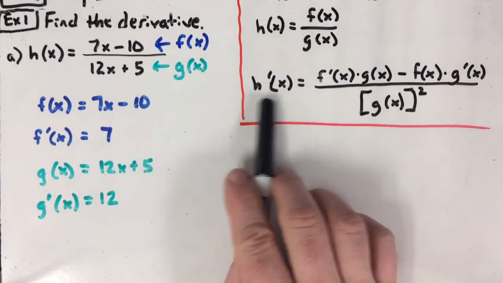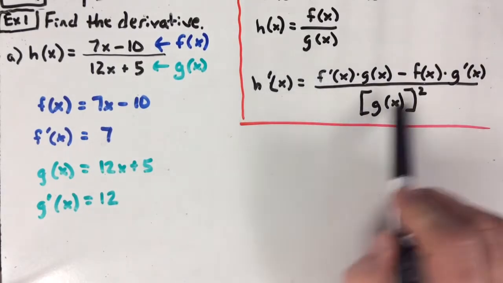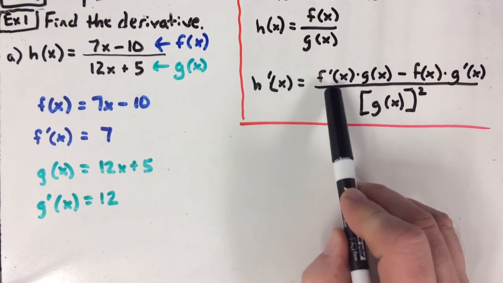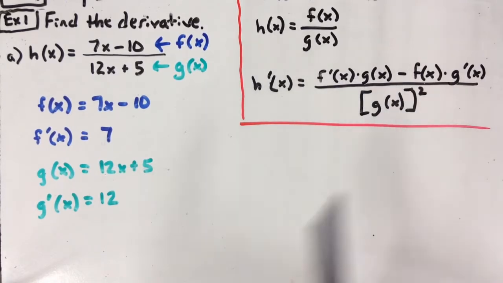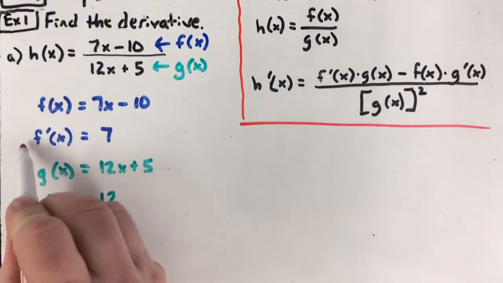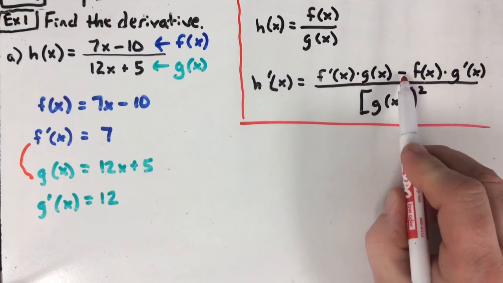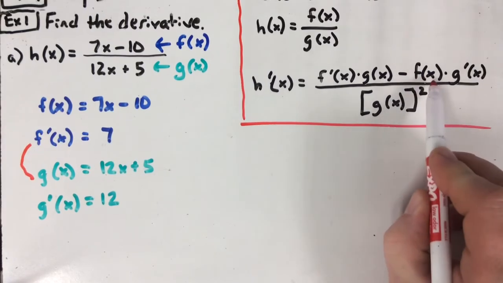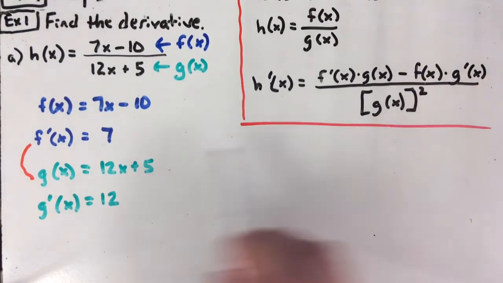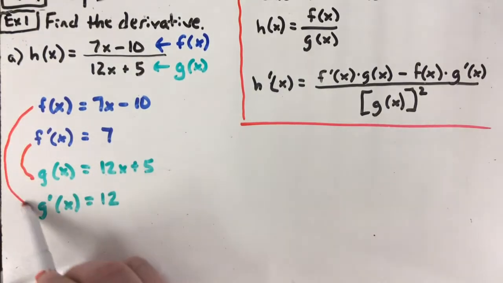When you take a look at h prime of x and its formula, up in the top, it starts with f prime and g. F prime and g are these 2 inside values. And then after a subtraction symbol, there is f and g prime, and those are the outside ones.